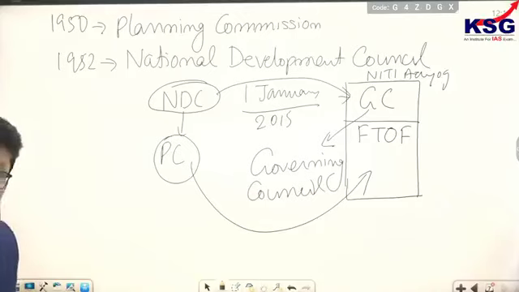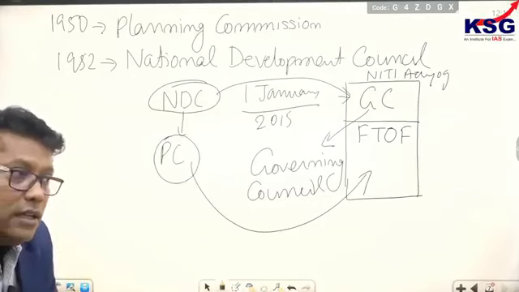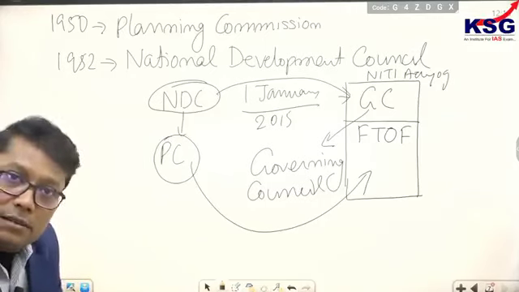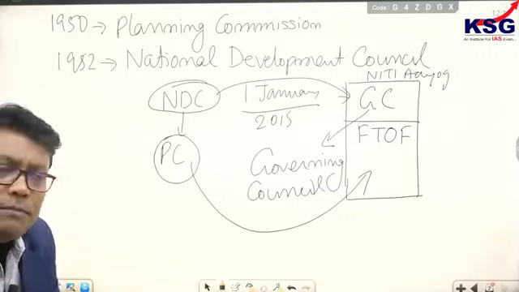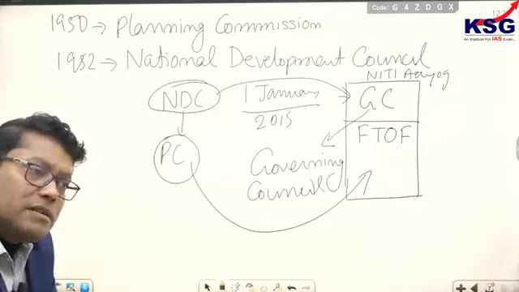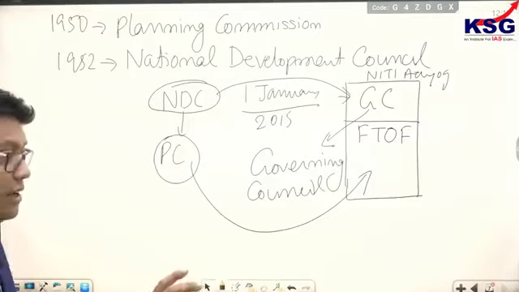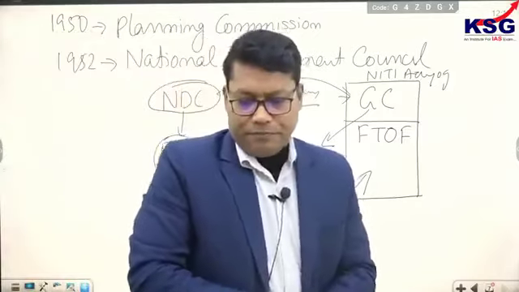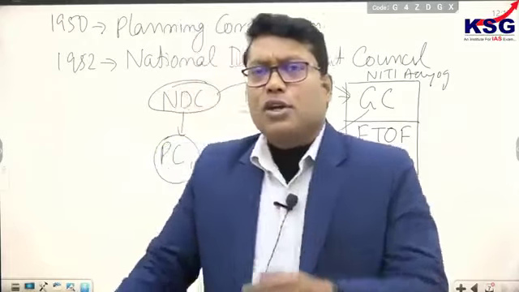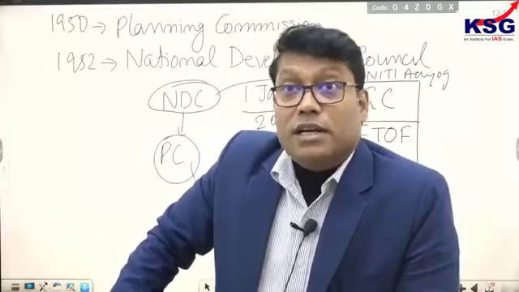From here you can learn that the Planning Commission was not a constitutional body. Its establishment was just by a resolution of the government. But the Planning Commission is termed an extra-constitutional body. People use the term extra-constitutional body in so many analysis papers and research papers, so many individual experts say it, but it is not a constitutional body.